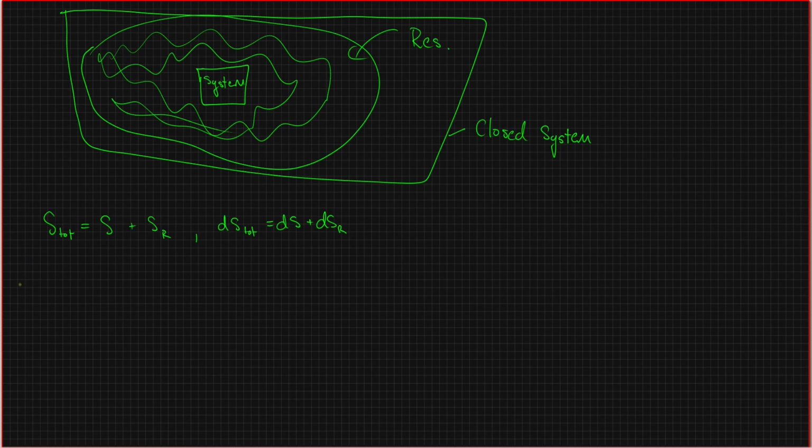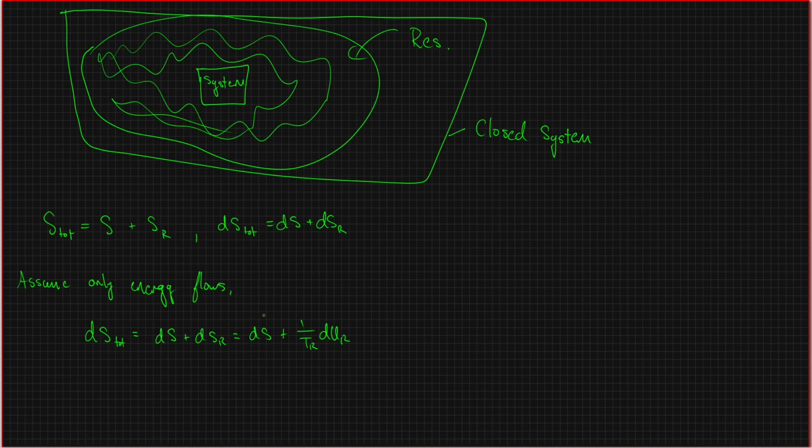Now, if we assume that only energy flows, then we have the thermodynamic relation for the total entropy, dS plus dS_r, and we can relate the second one to 1 over T_r dU_r.